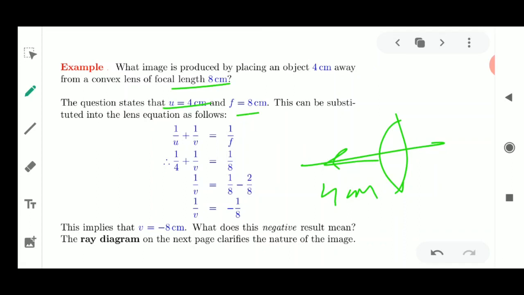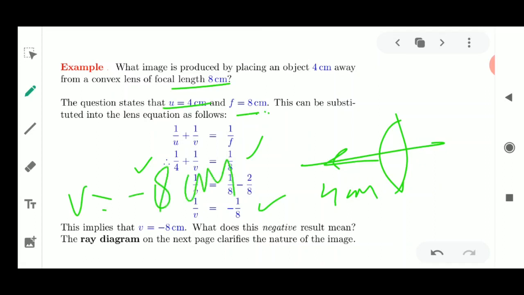Fine. So 1 by u, that is 1 by 4, plus 1 by v, which you don't know, so it will remain as it is, that is equal to 1 by 8. Why is it 1 by 8? Because you have the focal length of 8 centimeters. So 1 by v came out to be minus 1 by 8. Now v is equal to minus 8 centimeters.